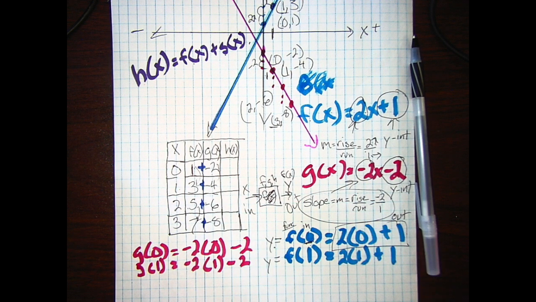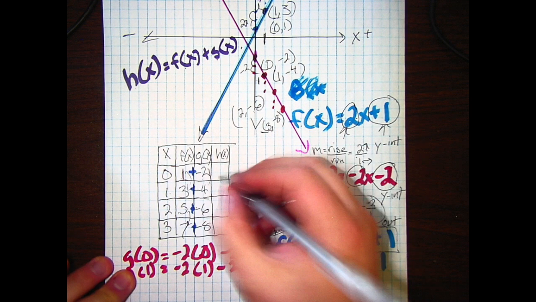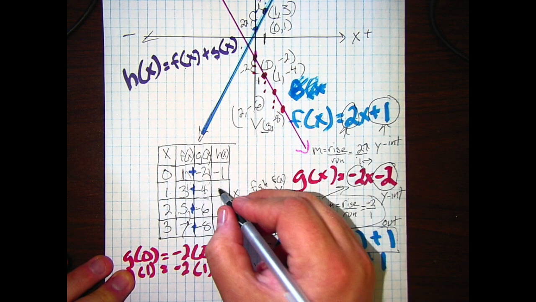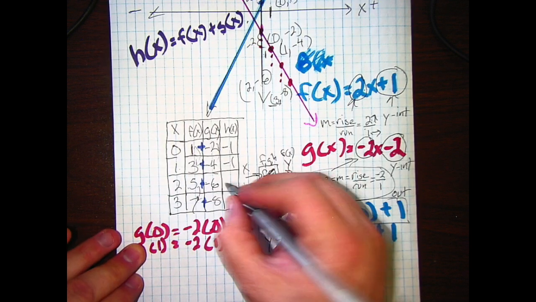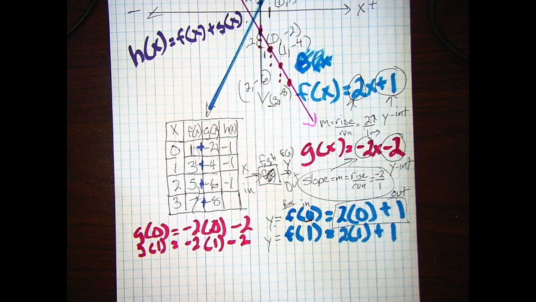What is 1 plus -2? -1. 3 plus -4? -1. 5 plus -6? -1. 7 plus -8? -1.